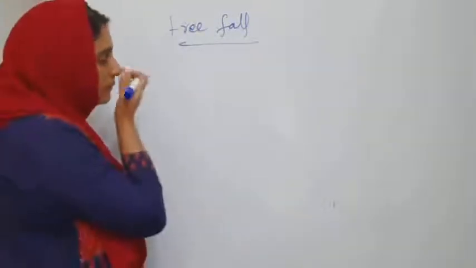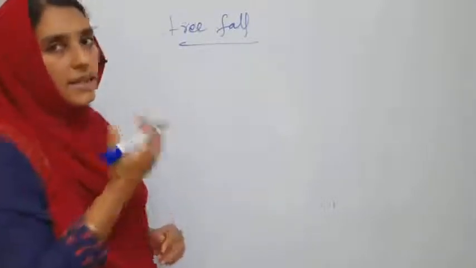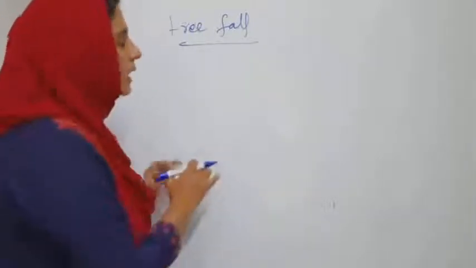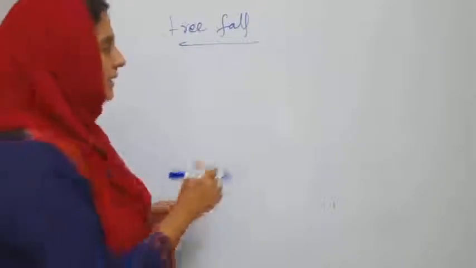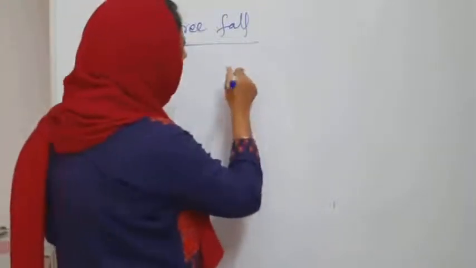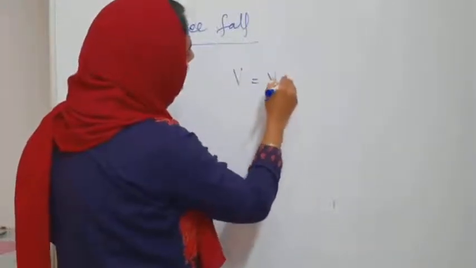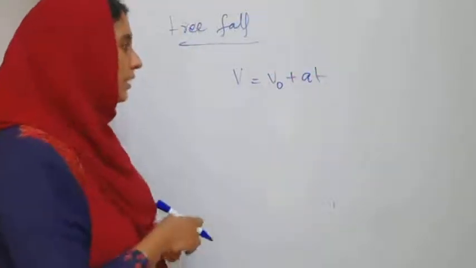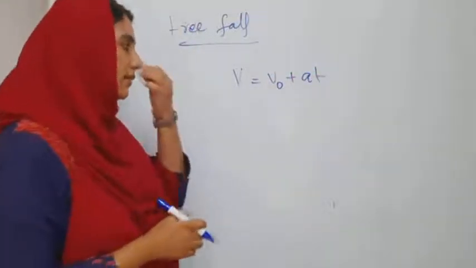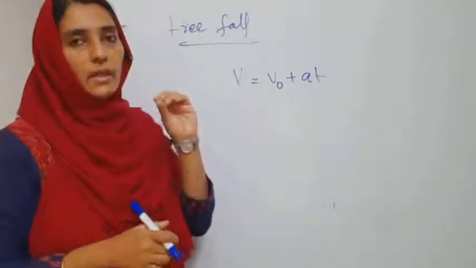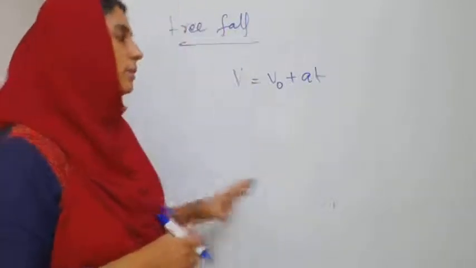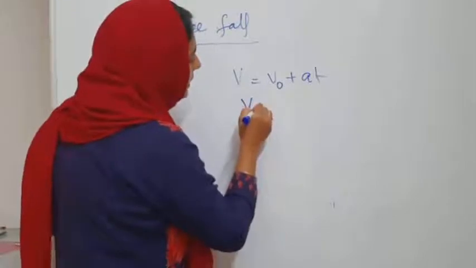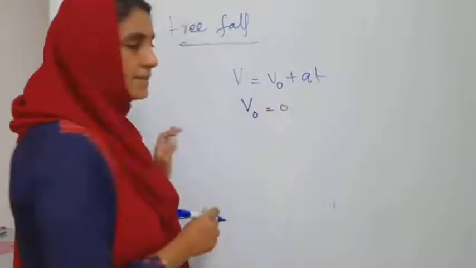For any freely falling object, let us write an equation based on the equations of kinematics. We have the equation v = v0 + at. In the case of free fall, when a body is released from a particular height, the initial velocity can be considered as 0.